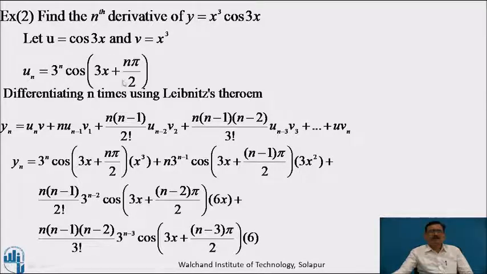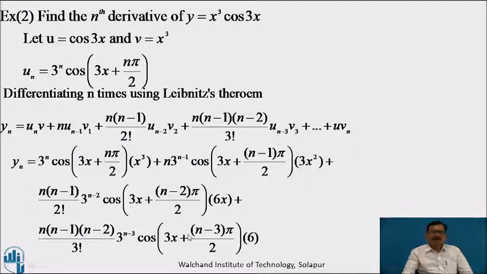In un you replace n by n minus 1, what you get? 3 raised to n minus 1 into cos of 3x plus n minus 1 pi by 2, and the first derivative of x cube is 3x square, plus n into n minus 1 by 2 factorial, and replacing n by n minus 2 in un, you get 3 raised to n minus 2 into cos of 3x plus n minus 2 pi by 2, into the second derivative of x cube, which is 6x, plus n into n minus 1 into n minus 2 by 3 factorial, and replacing n by n minus 3 in un, that is 3 raised to n minus 3 cos of 3x plus n minus 3 pi by 2, and the third derivative of x cube is 6. Here only the derivative terminates.